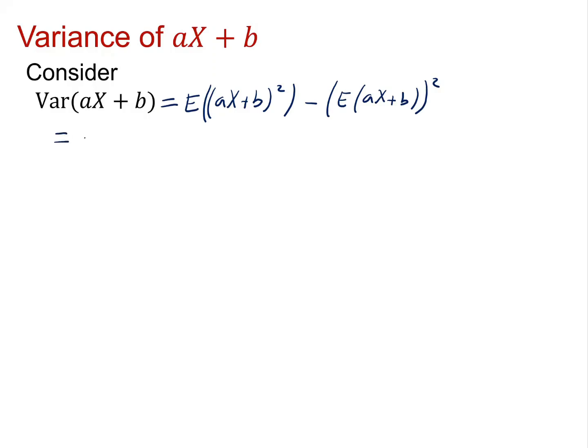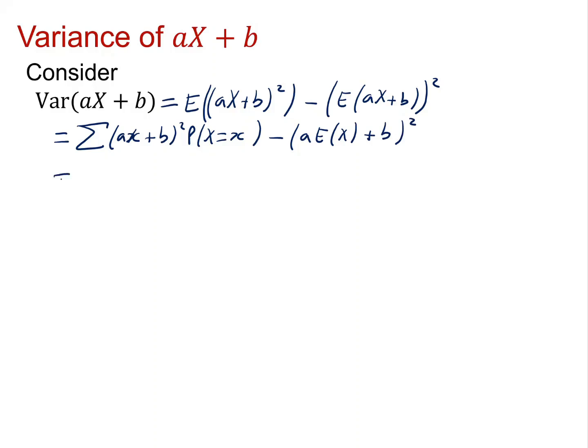Put that into sigma notation. That is going to be the sum of the ax plus b squareds times the probability that X equals x minus what we already know to be the case, which is a times the expected value of X plus b squared.